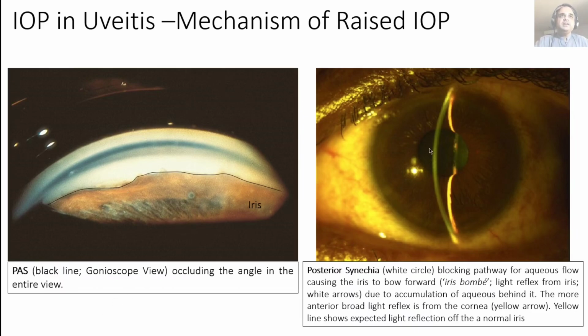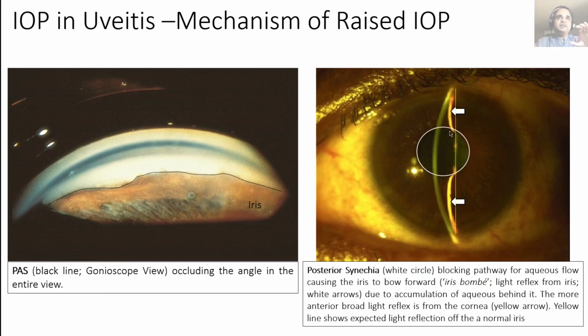This is posterior synechiae. This is between the iris and the lens. And notice how the light beam reflects over the iris. It's convex forward, so the iris is being pushed forward because the aqueous is accumulating behind it. And this yellow line is showing you how the light reflex would normally appear had the iris been flat. It basically follows the path of the light as it comes off the lens, because you see the lens in its normal place.